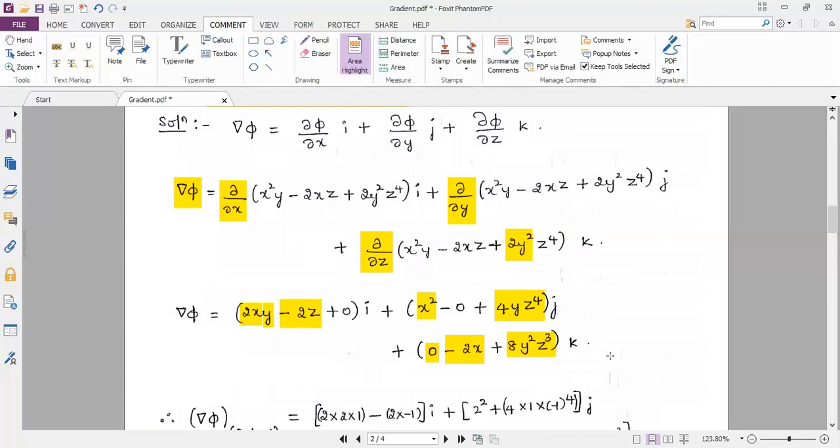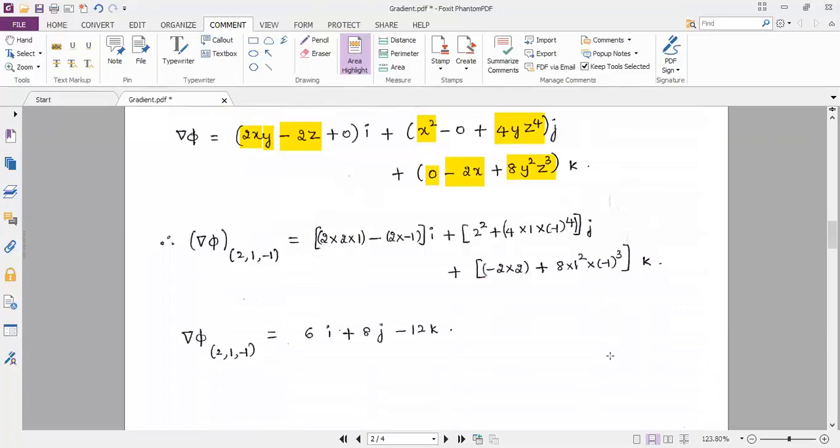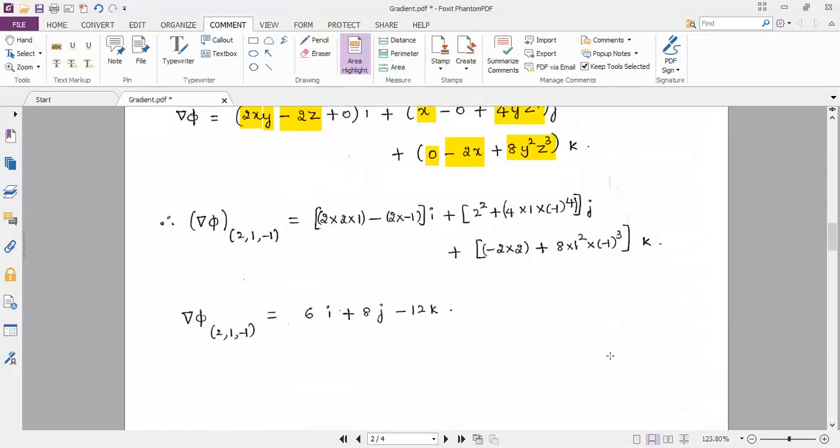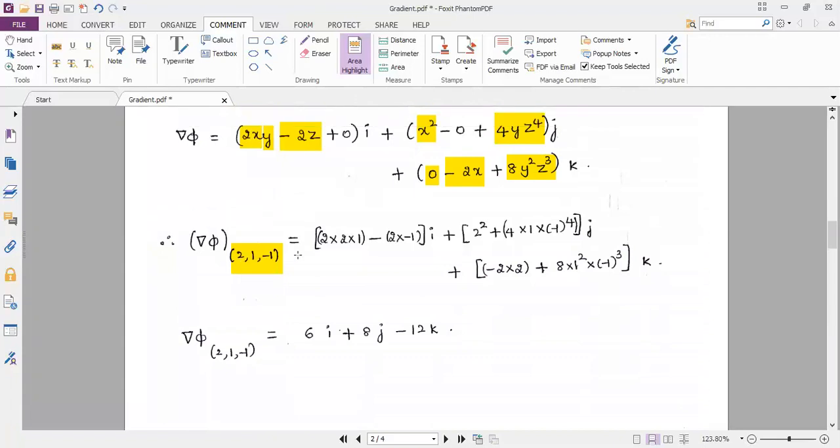Now we need to find grad phi at the given point. The given point is 2, 1, minus 1. That is taking x is equal to 2, y is equal to 1 and z is equal to minus 1 in the above expression, we get the substitution step as seen.